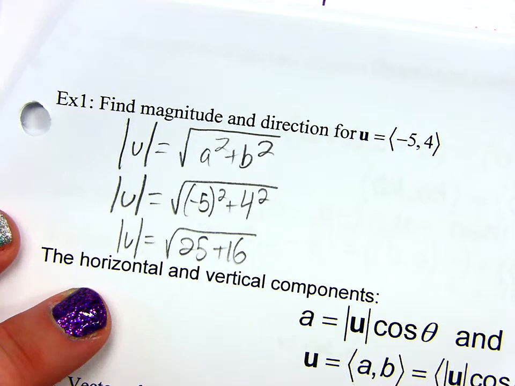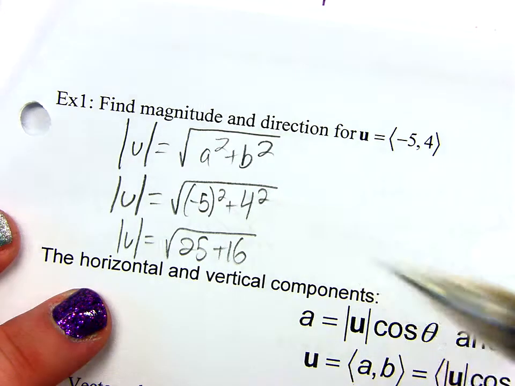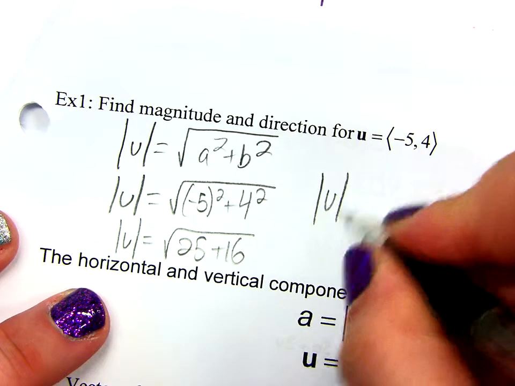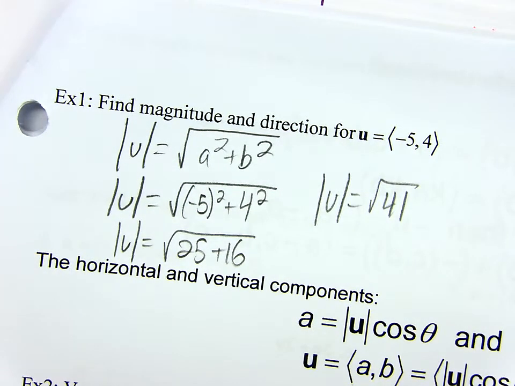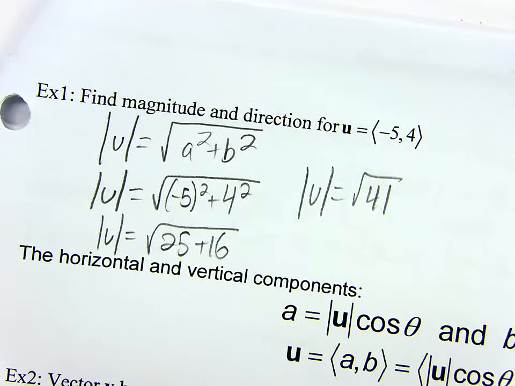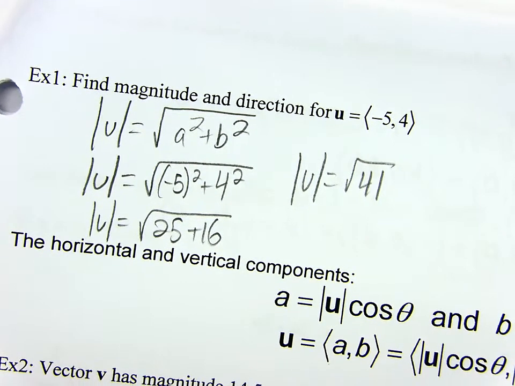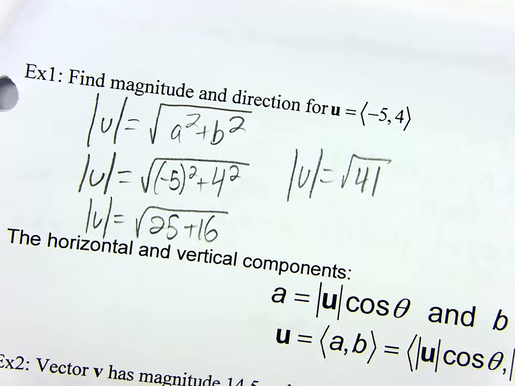And 25 and 16 is what, 41? That does not simplify, so we'll just leave it as the square root of 41. So that's going to be the length of my arrow, my vector.